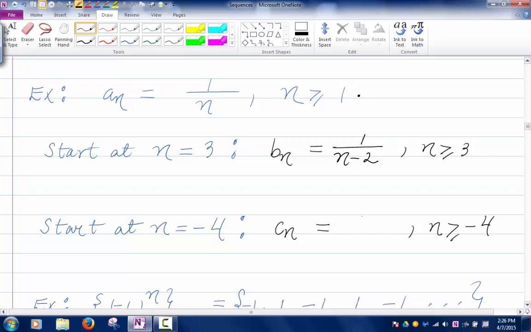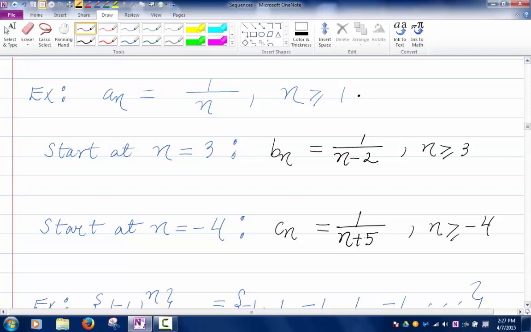So I'm going to replace n by n plus 5, because I'm going backward. And I'm starting at negative 4. So what is B1, for example? A1 is 1, B1 is 1, C1 is also 1, right? And you can see that A2, B2, C2, they are the same. A3, B3, C3, they are the same. So all these sequences A and B and C are the same. All I did is change the beginning index.